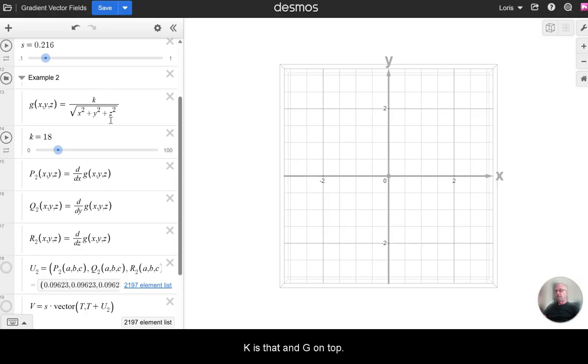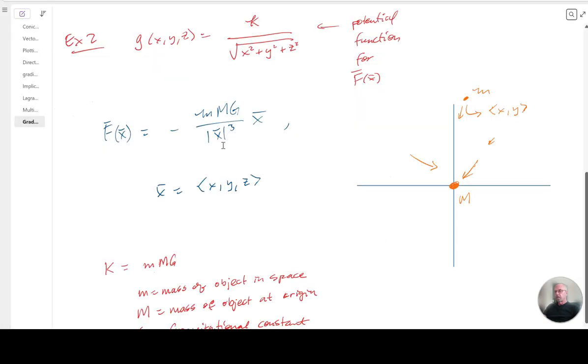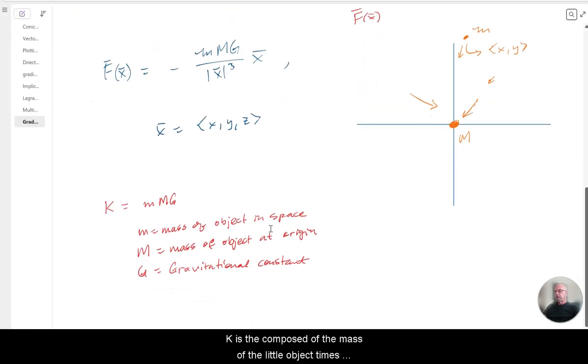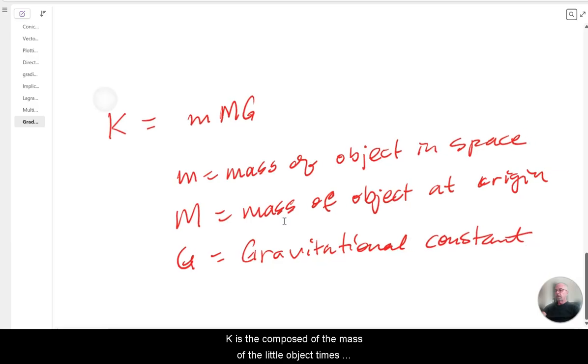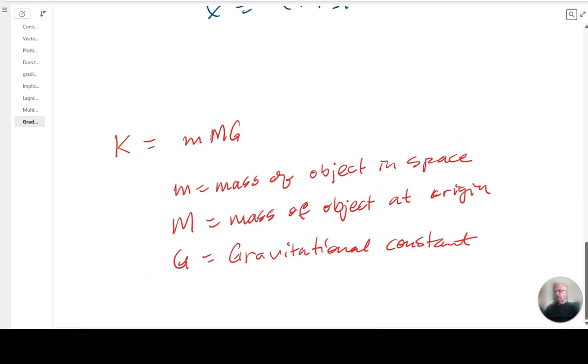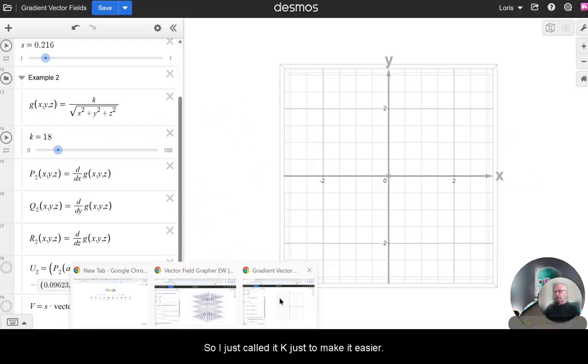K is that M, and G on top. K is composed of the mass of the little object times the mass of the larger object times the gravitational constant. So I just called it K just to make it easier.